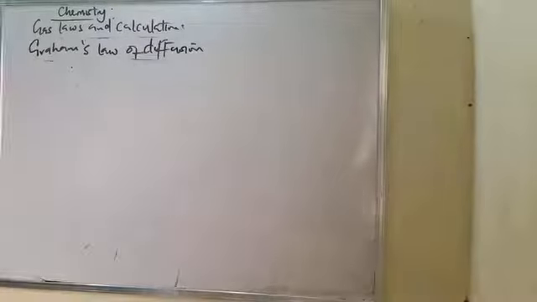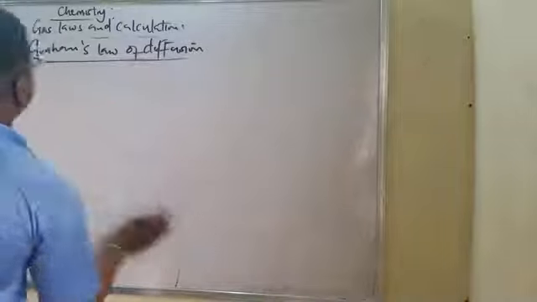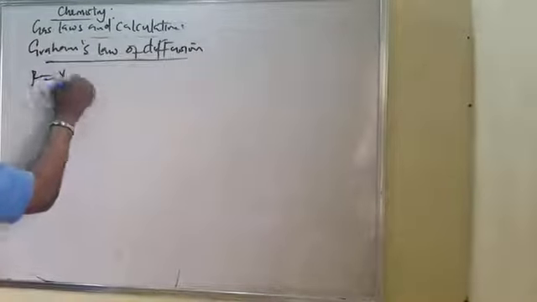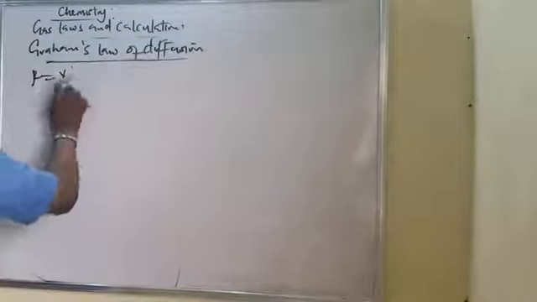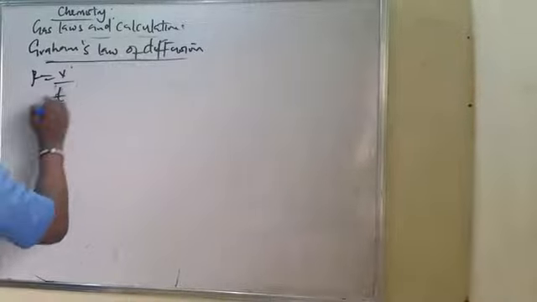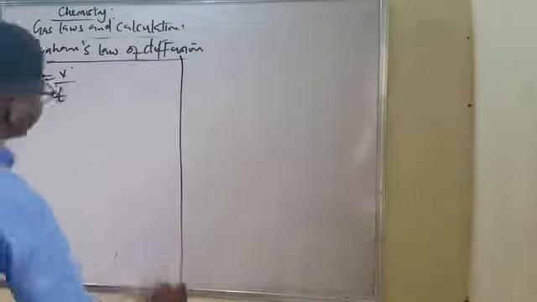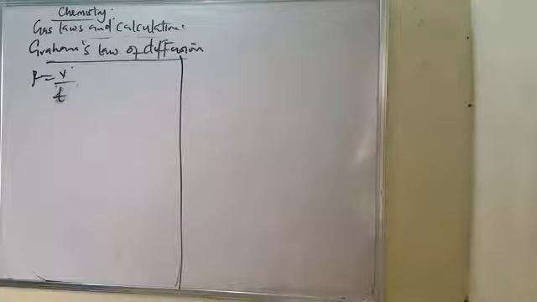Let's continue from there. So if we subject that formula, which is R equals V over T, please, t in small letter, capital letter is for temperature, in seconds or whichever time we are provided with. Suppose we are given two different gases that have equal volumes.